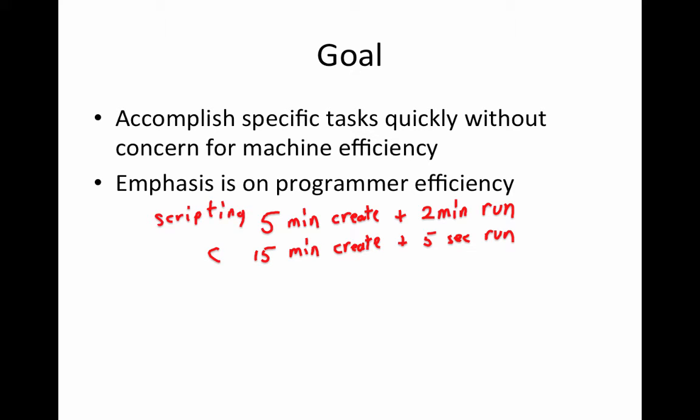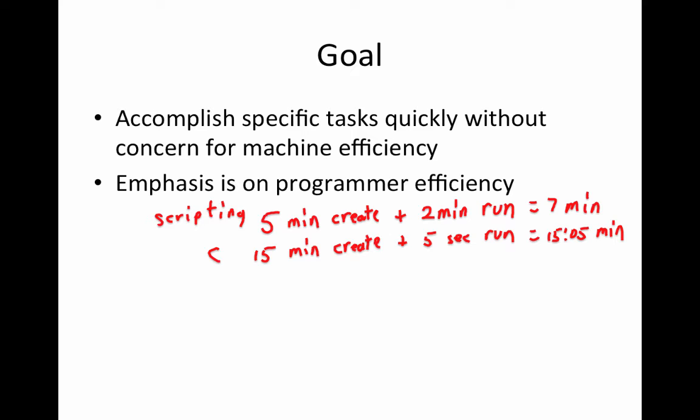Okay, but for your one-off task, it took you 7 minutes to get your result versus 15 minutes and 5 seconds for the C program. So clearly, it was in your interest to use the scripting language, and even though the scripting program ran about 24 times slower, you got your results 2 times quicker.